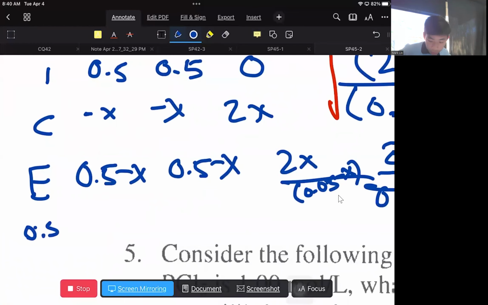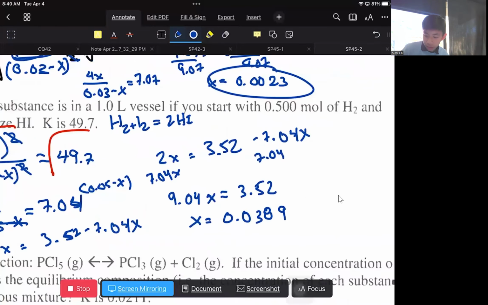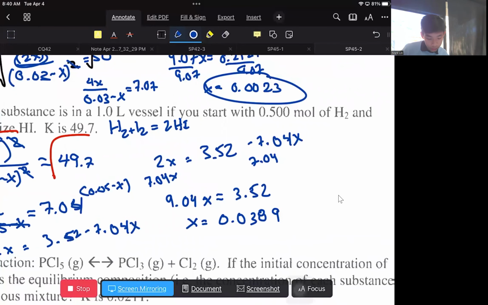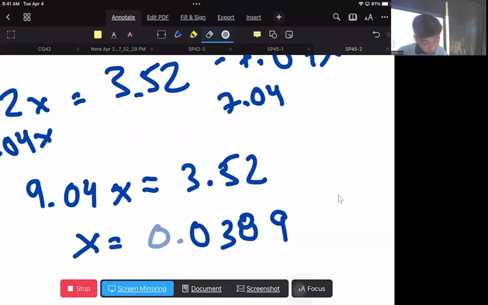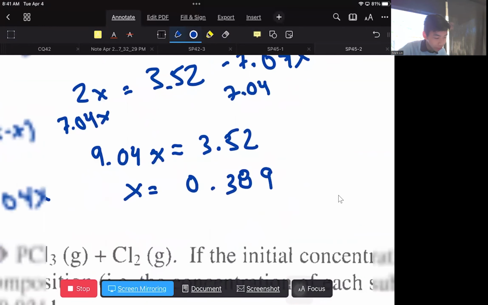Wait, why is it this? Oh, sorry. It should just be 0.389. I made a calculation error there as well. Again, my bad.